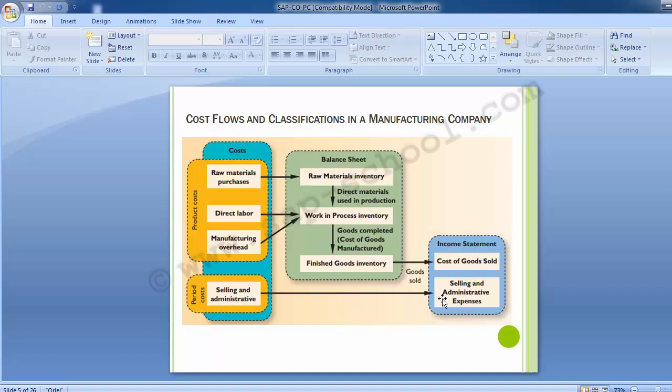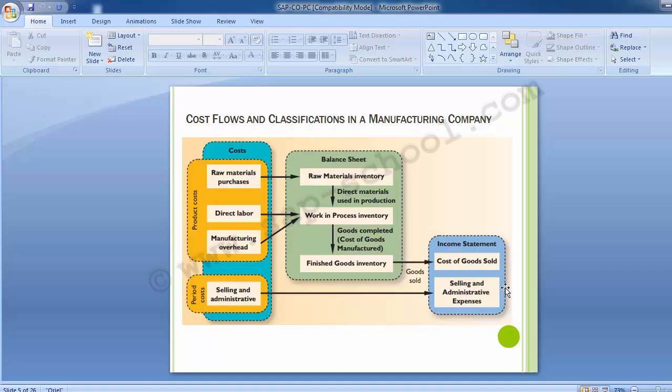They are termed marketing expenses, selling expenses or admin expenses. These all have been added to the income statement side. So this is the total cost flow from one part to another, and this is where the costing of a product is done.